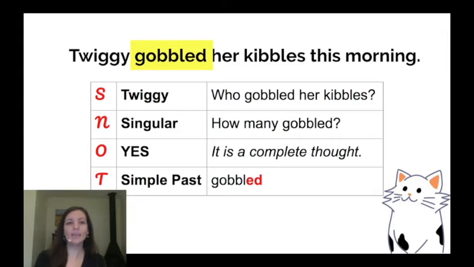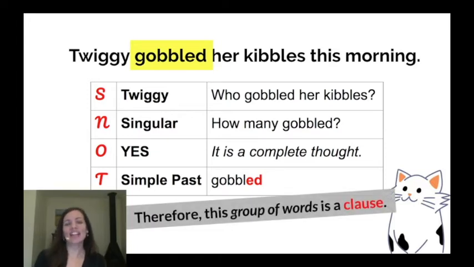It is Twiggy. It is singular. There's only one Twiggy. It's in the past tense, and this is a simple past because we have just the ed form. And so, yes, this is a complete thought. It makes sense on its own. And so we do, in fact, have a group of words with a finite verb. So we have a clause. It gets Twiggy's claw of approval.